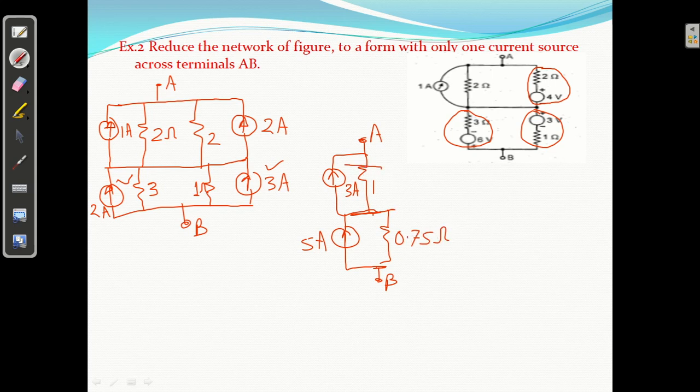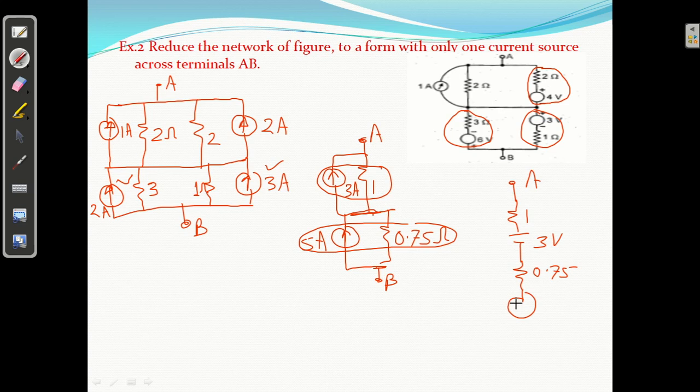Now you can convert this into voltage source, right? So between A, if you convert into voltage source, then this resistance will come in series, 1 ohm, like this. V equal to I into R, 3 into 1, 3 volt. Again, these two are in parallel, so you can convert into voltage source, 0.75, right?